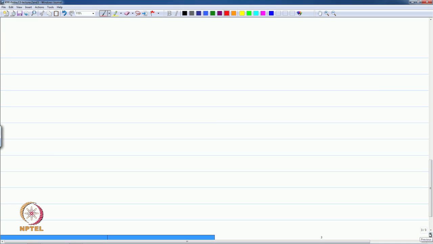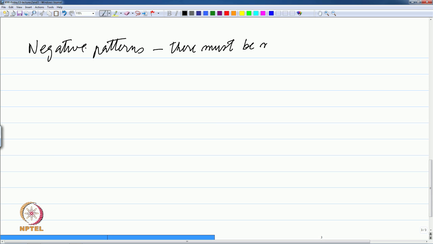And finally, we can have negative patterns. So, when we say negative patterns, we basically mean that there must be no working memory element matching the pattern.